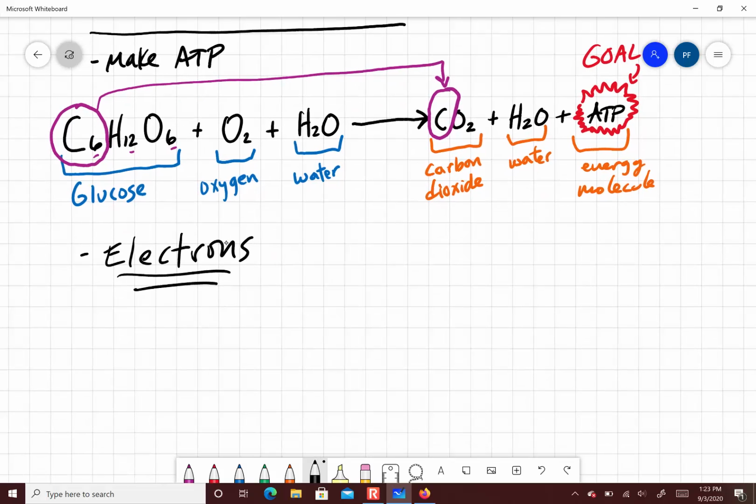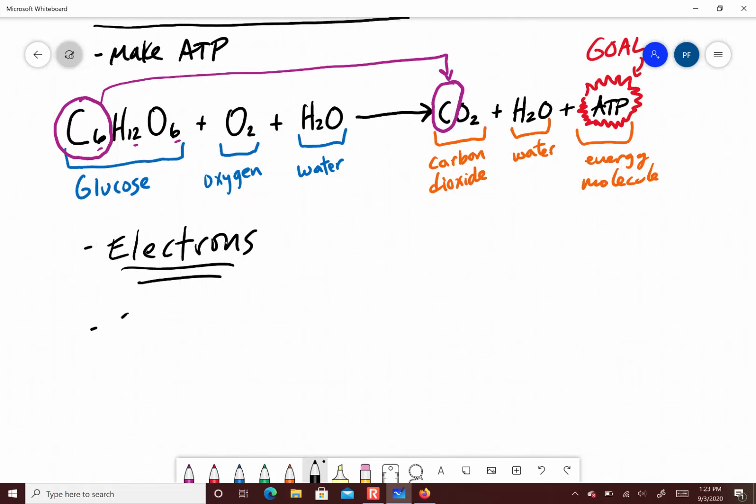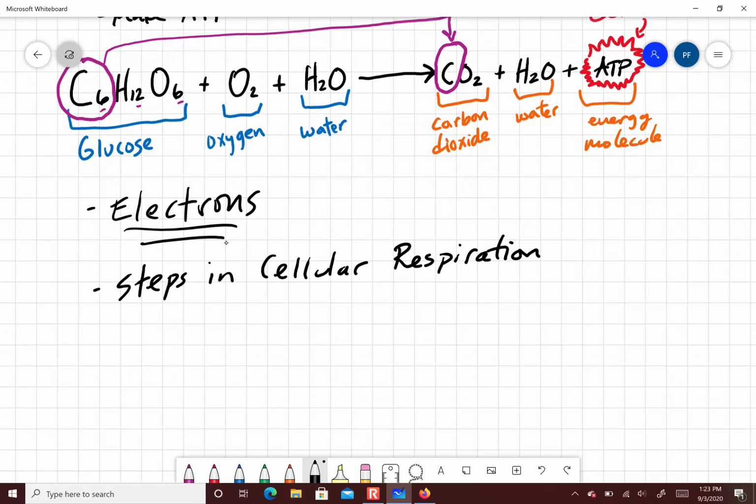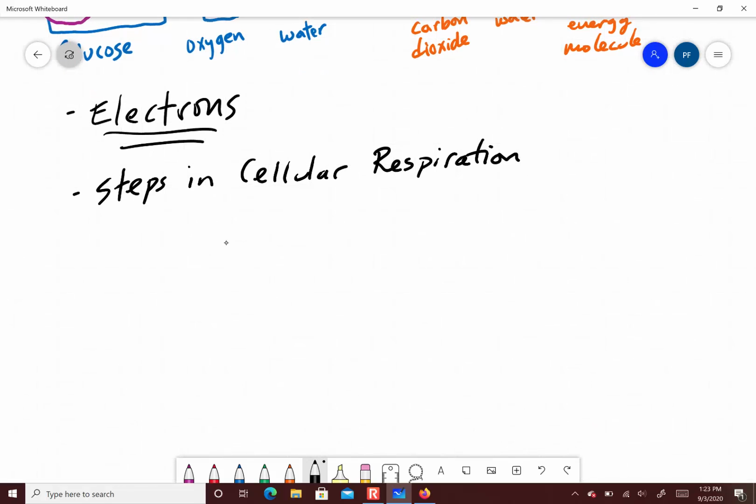All right, and then I want to tell you the steps in cellular respiration. To go from a molecule of glucose to getting the products we have listed, we've got to do 4 things. We start with a process called glycolysis, and the lecture activities will get more into detail.